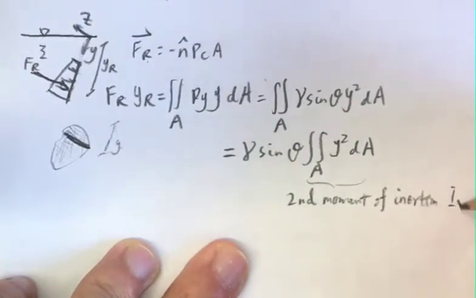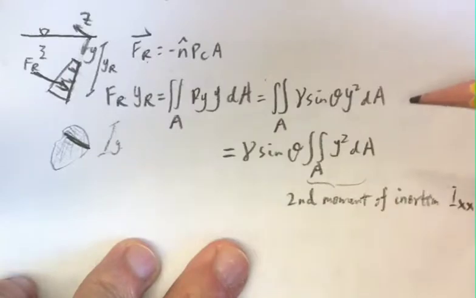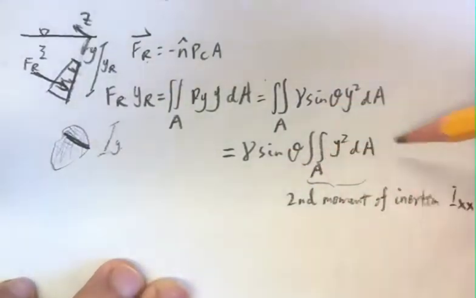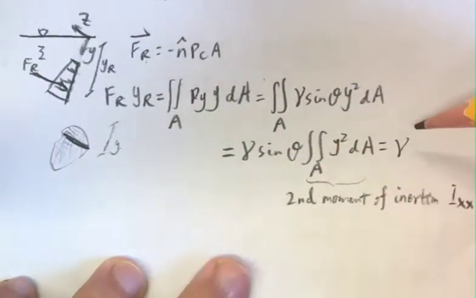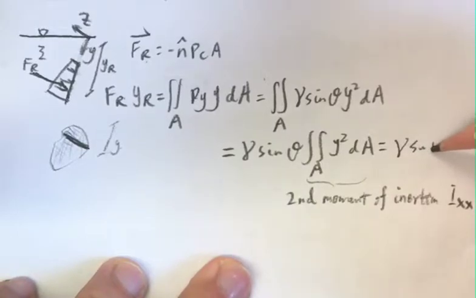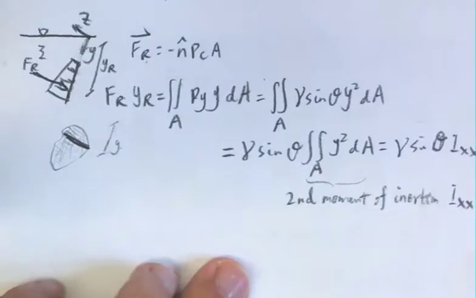We denote that by Ixx. Okay? So if we know this is Ixx, then we can write this as gamma times sine theta Ixx, right?